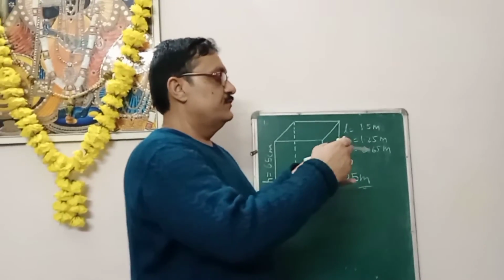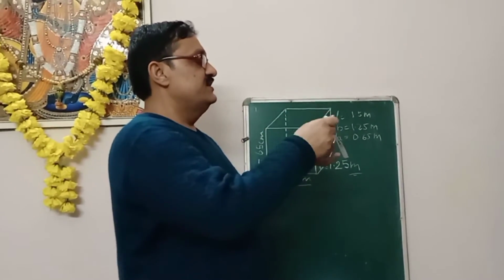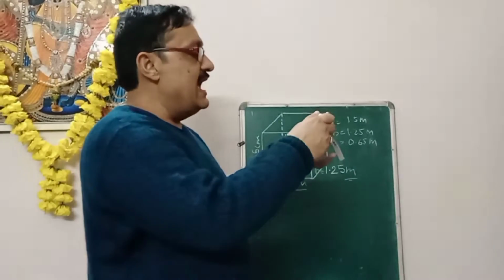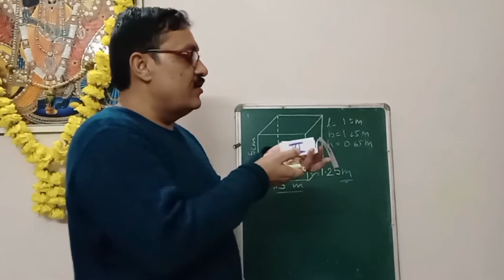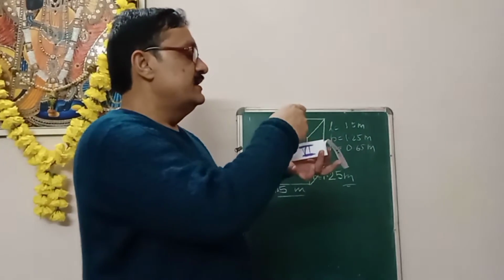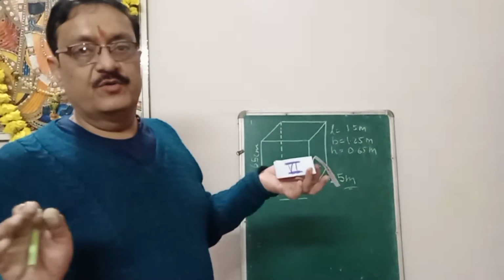So the front and rear and the sides are lateral surfaces, and we will add the area of the base and then we will get the area of this plastic box.